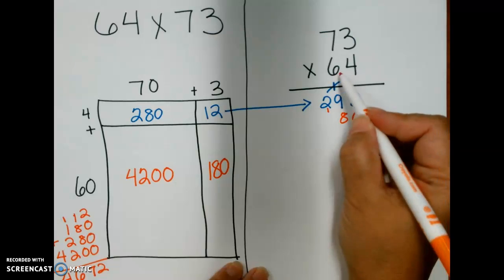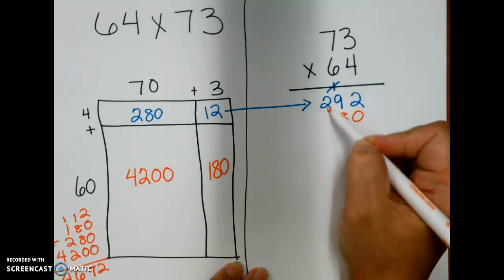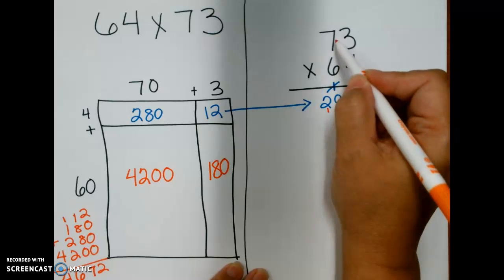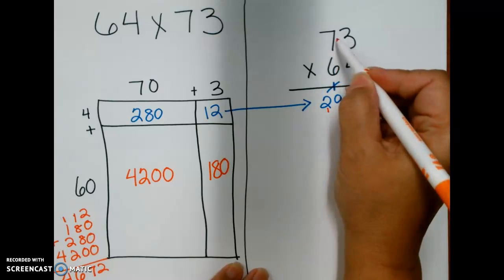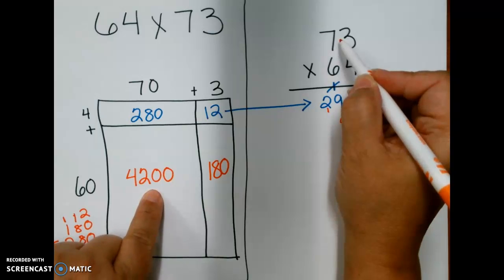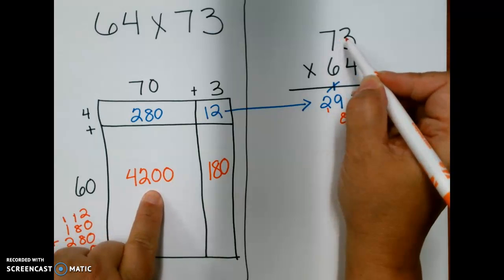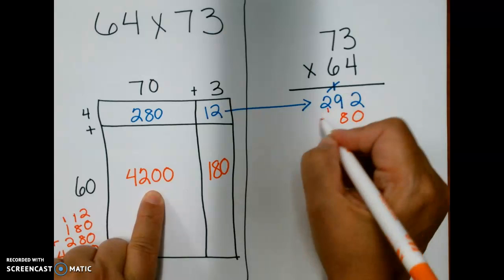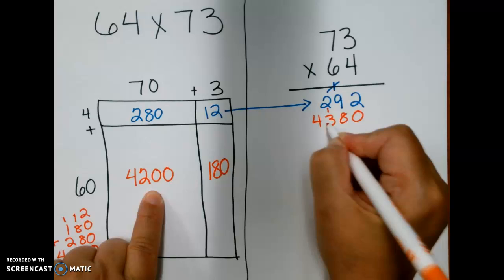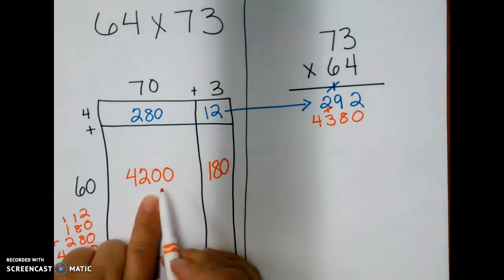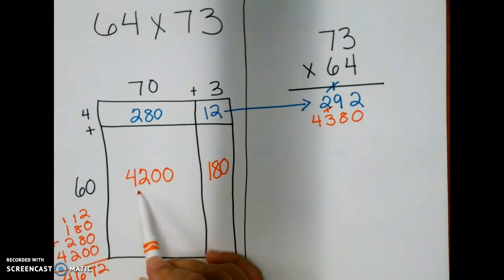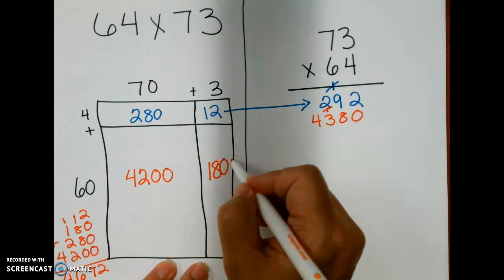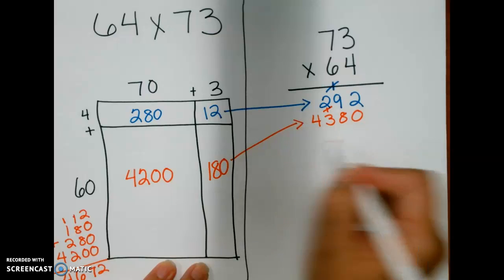So now I'm going to write my little 1 there so I keep track of it. Now I'm going to multiply 6 tens times 7 tens, which will give me 4,200, plus I have another 100. So that gives me 4,380. Well, if we look over here, 4,200 plus 180 is 4,380.